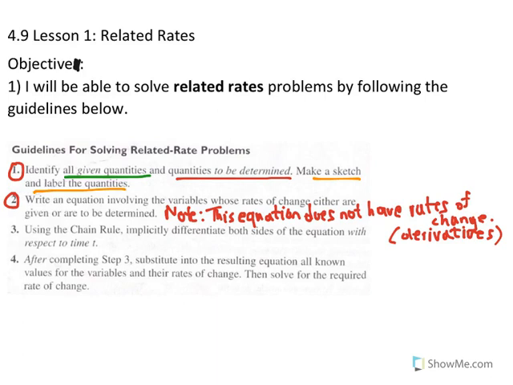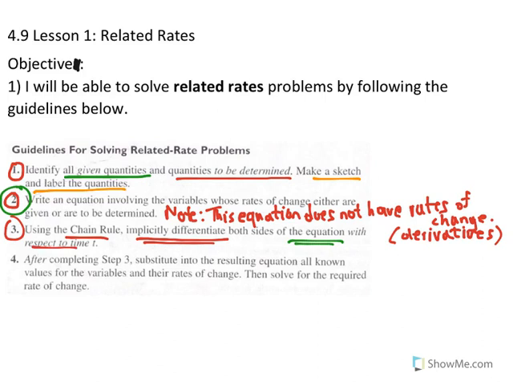And then step 3, or guideline 3, using the chain rule, this is where we do the differentiation. Implicitly differentiate both sides of the equation, and when we say the equation, we're talking about the equation we wrote in step 2, and we're going to implicitly differentiate both sides of that equation with respect to time.